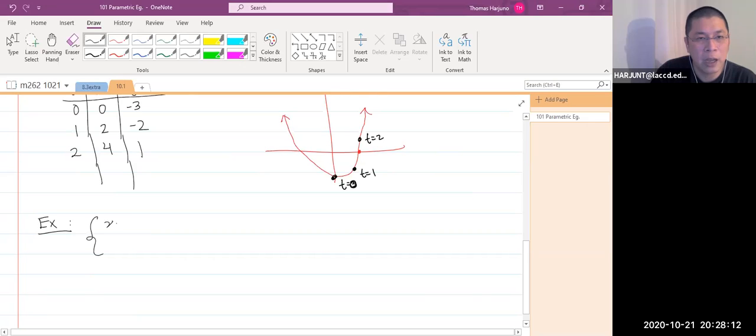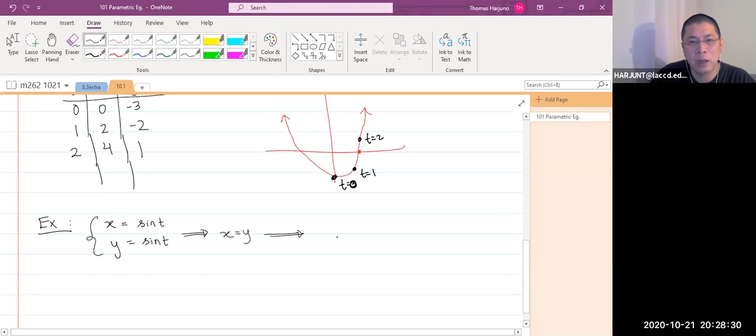Let's say my x equals sine t, my y equals sine t. Then you say, oh, sine t equals x, sine t equals y, therefore x equals y. And from there you say, oh, then the sketch of the graph will be this diagonal line. What's wrong with this argument?